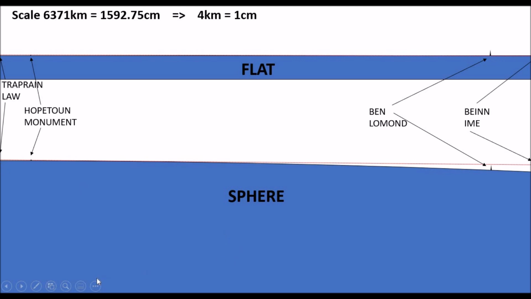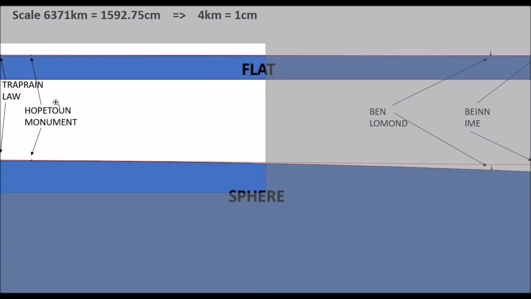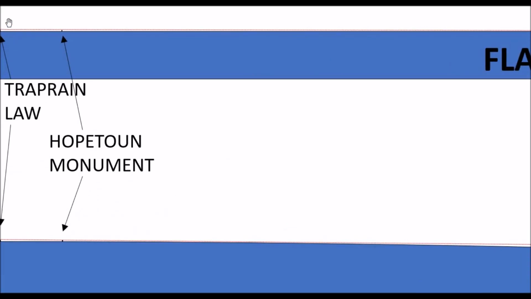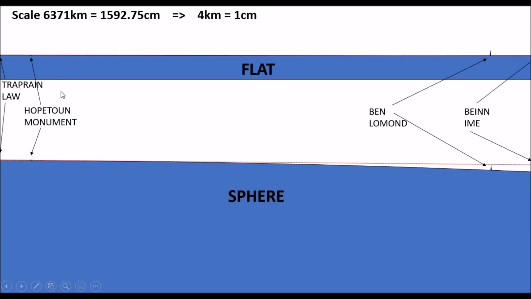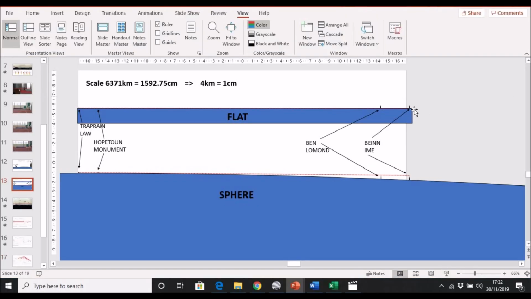And if we apply a bit of zoom to those, they do just about become visible on the screen. But they're very small and it's difficult to make things out, and even at this scale I can't get Ben Lomond onto the picture, and we'll talk about that a little bit later.